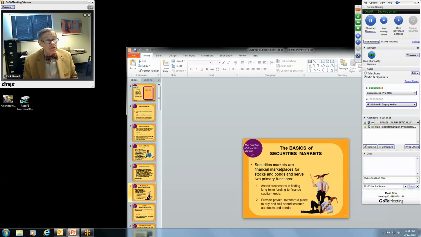Now, this gives us the basics of the securities markets, and they're there to perform two primary functions. They assist businesses in finding financing, usually long-term financing, and that is usually for capital needs. I'm going to come back to this in a second.